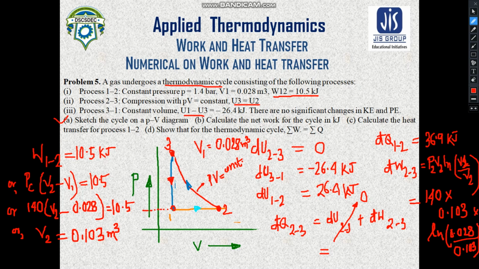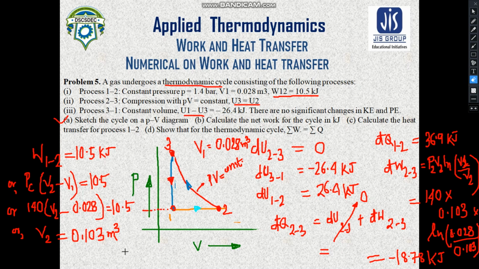So calculating this, you will find a value of minus 18.78 kilojoule. So the work done for the process 2 to 3 you will find as minus 18.78, right?